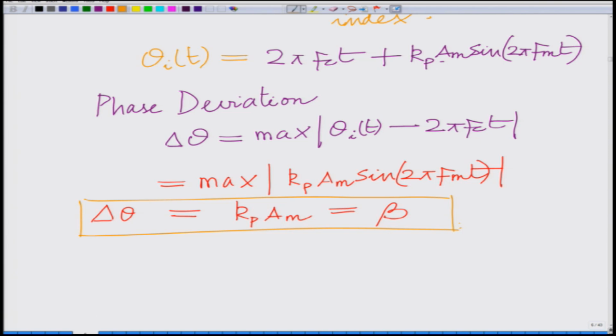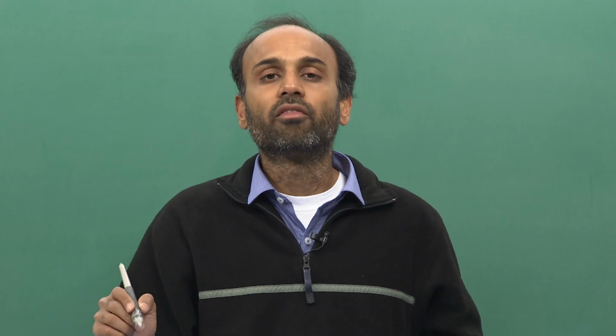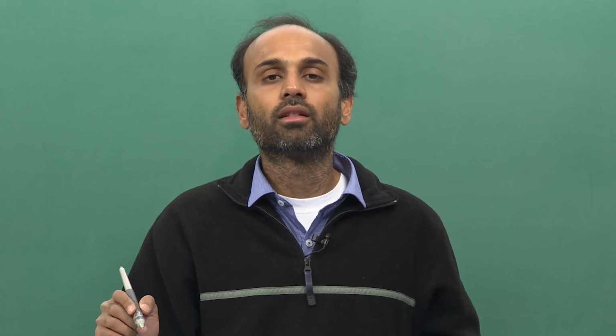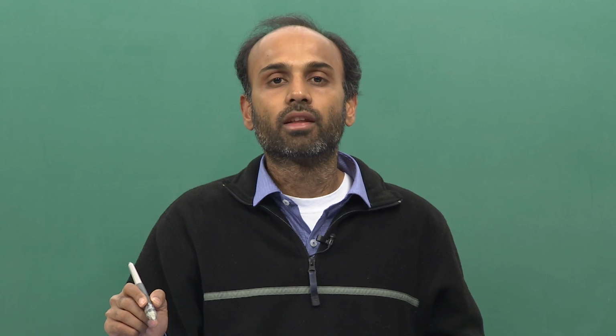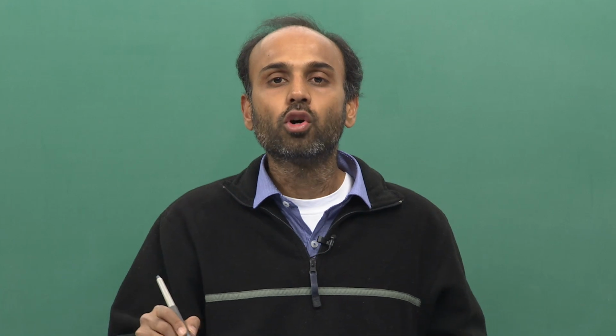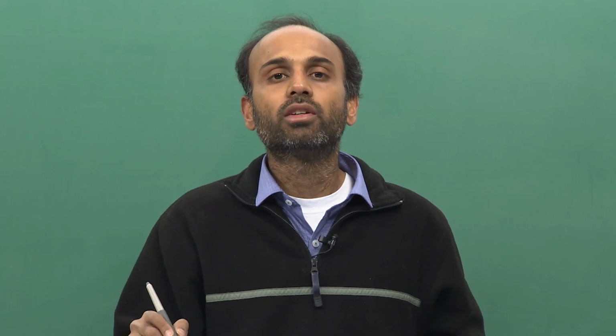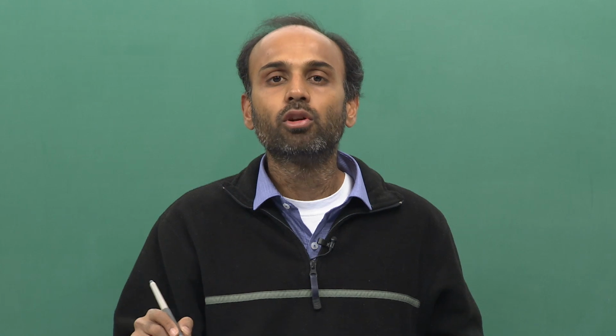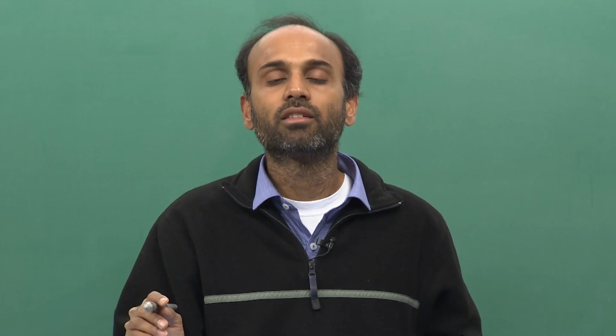So, for sinusoidal modulation, what you can see is, with phase modulation where the phase is given by 2 pi f c t plus k p times m(t), what we have been able to show, for m(t) equals a m sin 2 pi f m t, is that this modulation index beta, which is defined as the peak frequency deviation divided by f m, the frequency of the modulating signal, is equal to k p times a m, which is also seen to be the maximum phase deviation of the signal. Okay.